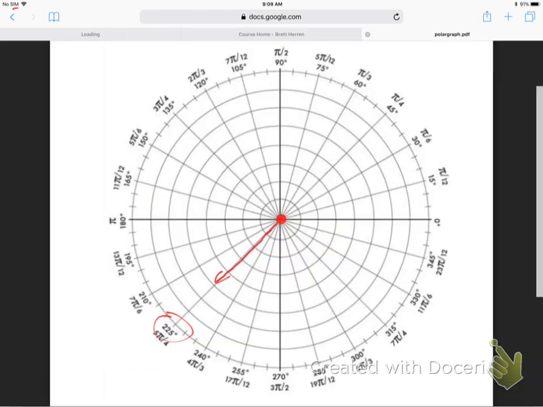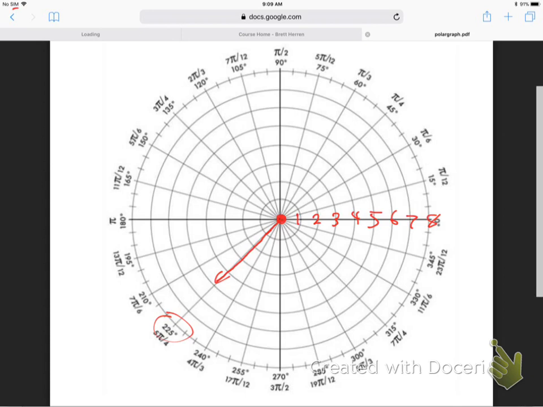Well, notice the way a polar graph works, each of these circles is one more. So as you go to the right, this is 1, 2, 3, 4, 5, 6, 7, 8. So these are 8 concentric circles, 8 circles that all have the same center.